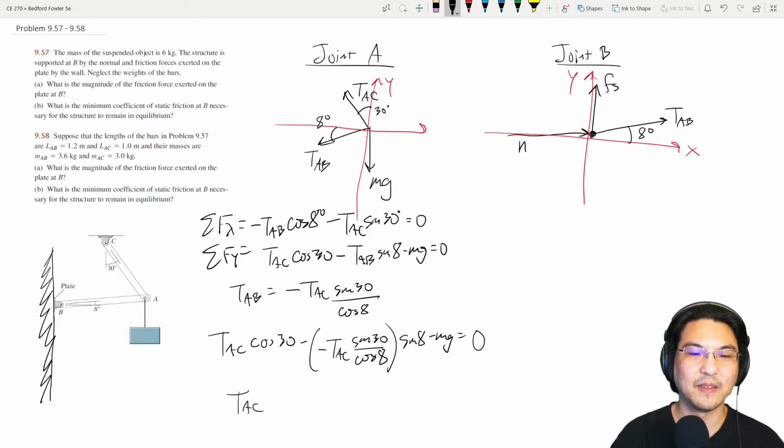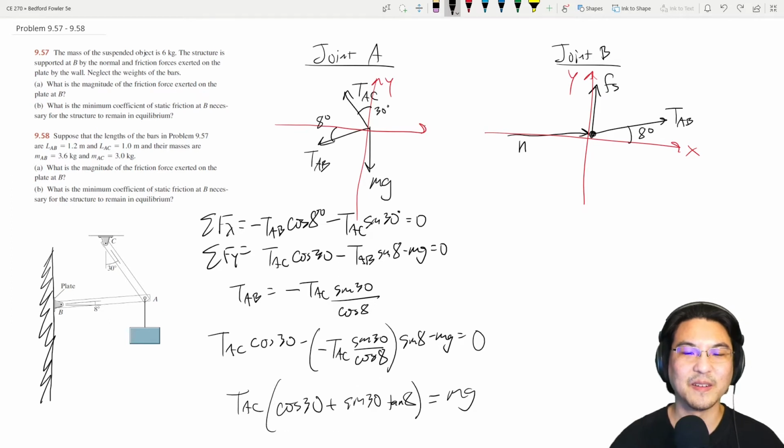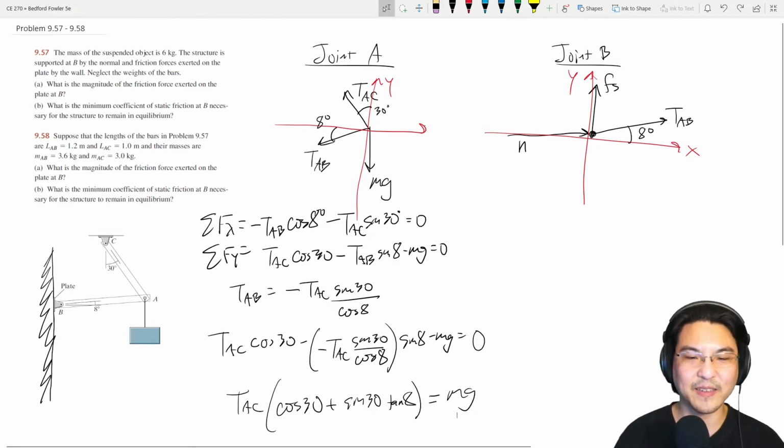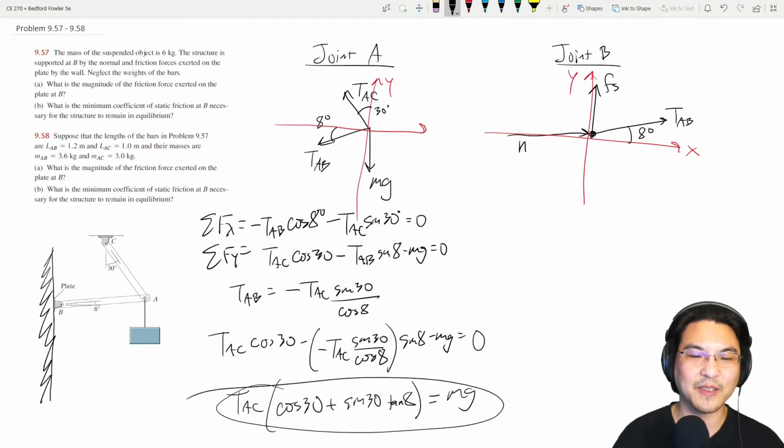TAC times cosine 30 plus sine 30 times sine 8 over cosine 8, so that's sine 30 times tangent 8, equals mg moved to the other side, and this whole thing goes in the denominator. Solve this for TAC, and plug that in right over here.